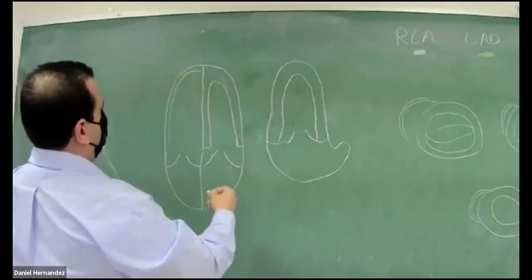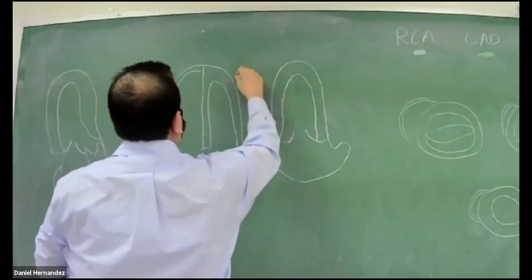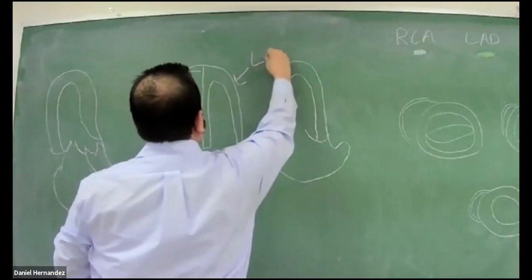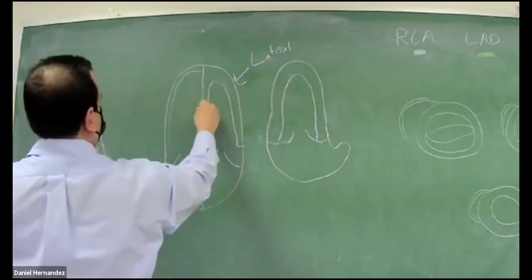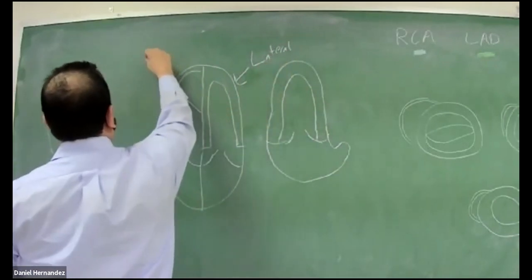All right, so if we do it for our standard 4-chamber view, this side is going to be lateral, and then this side would be considered septal.